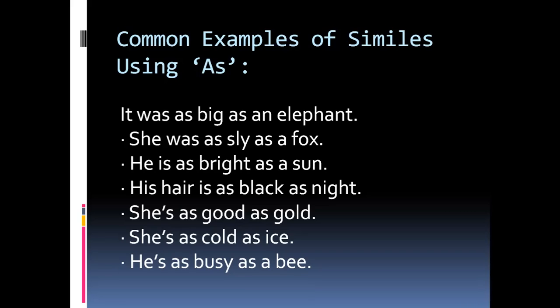He is as bright as the sun. His hair is as black as night. These are common examples that you are also using in your daily life. She is as good as gold. She is as cold as ice. He is as busy as a bee.